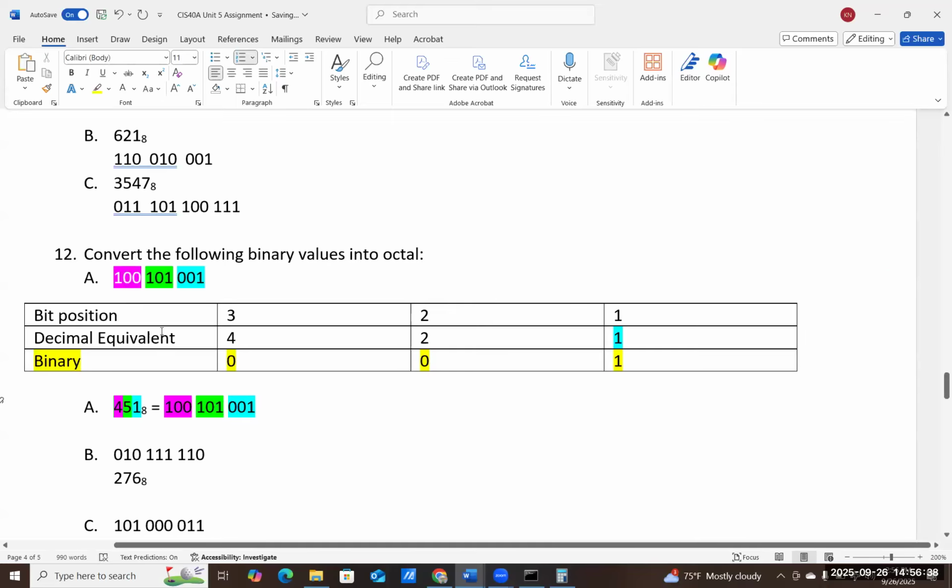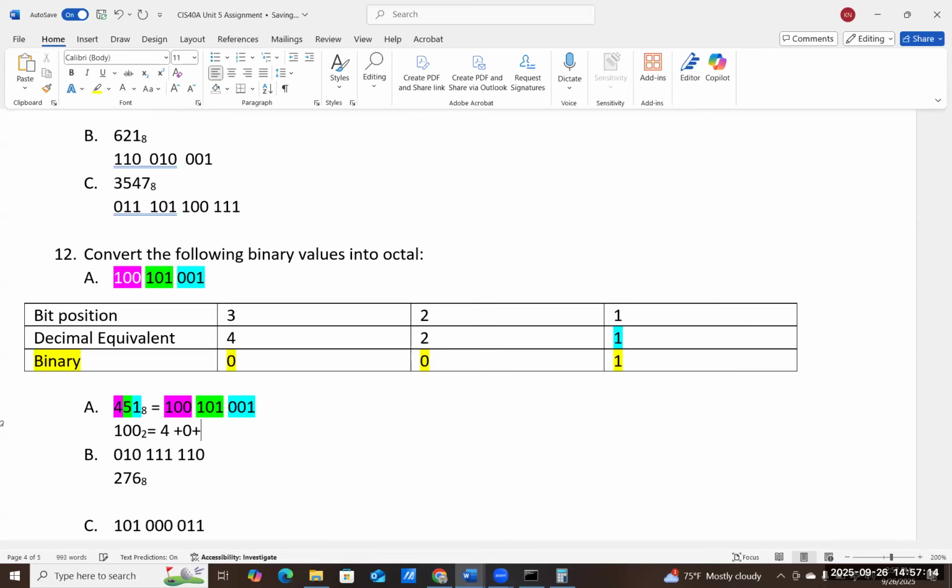So you have a 4. I'll type it out here. So 100 in base 2 is equal to 4, because it's 4 plus 0 plus 0.